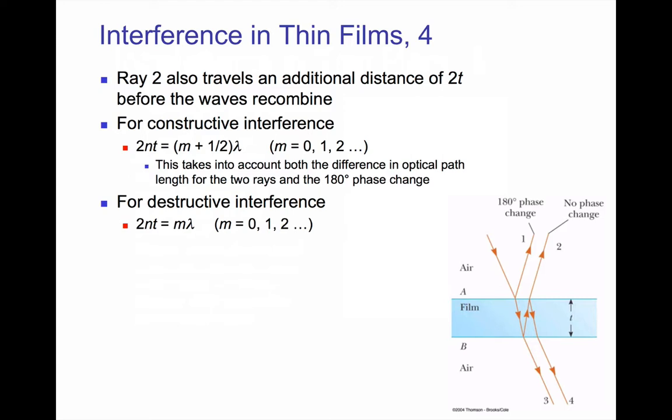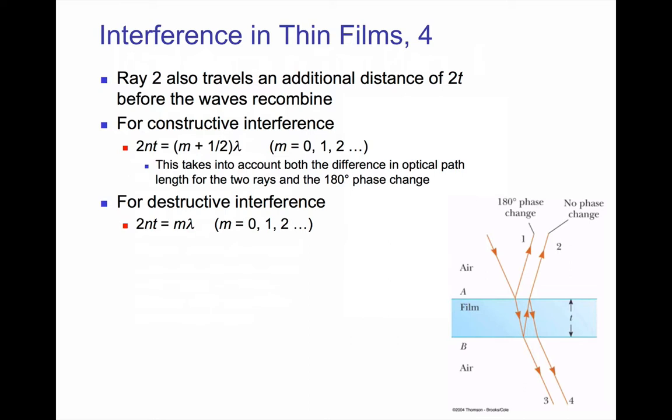So when we're looking at rays 1 and 2, and we want constructive interference between them, we can say that the path length difference 2nt plus the 180-degree phase shift must be equal to a whole number of waves.